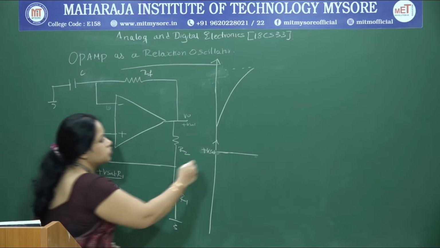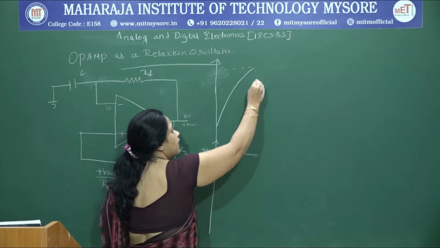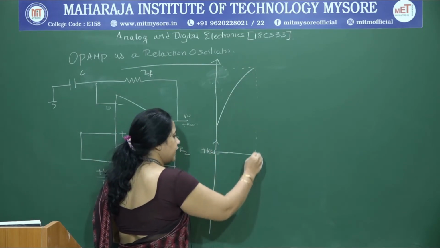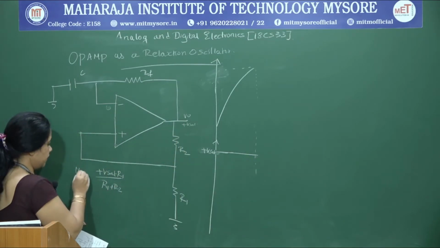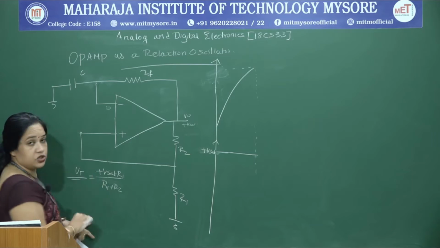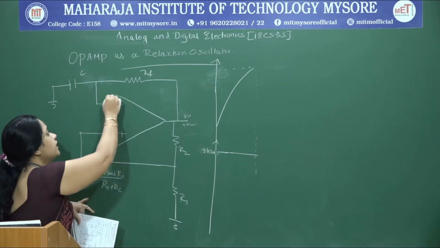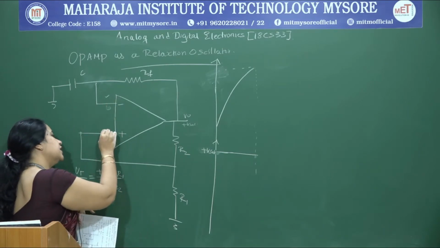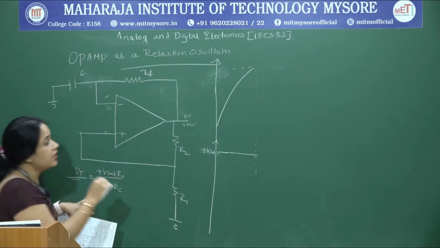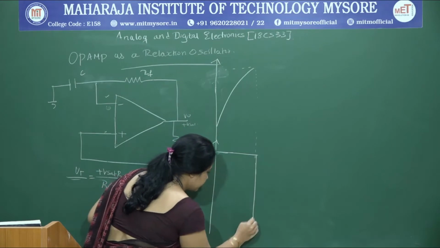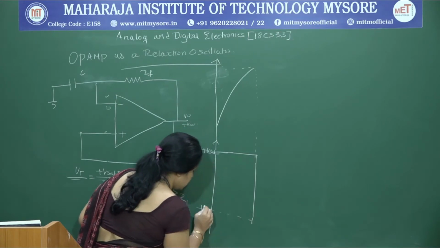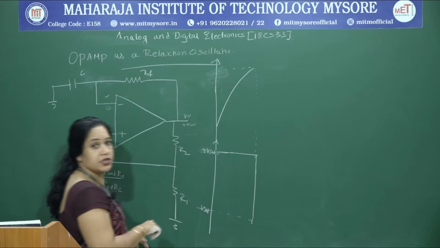Once the capacitor voltage exceeds the upper threshold point, the voltage at the inverting terminal becomes greater than at the non-inverting terminal. As a result, the output switches to minus V sat.